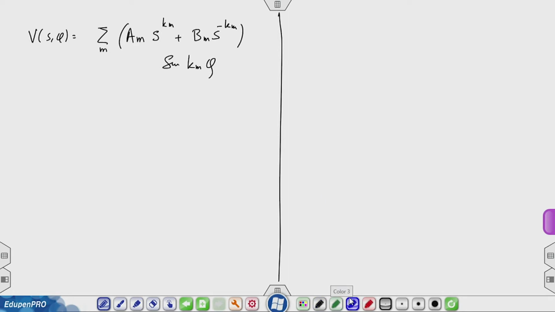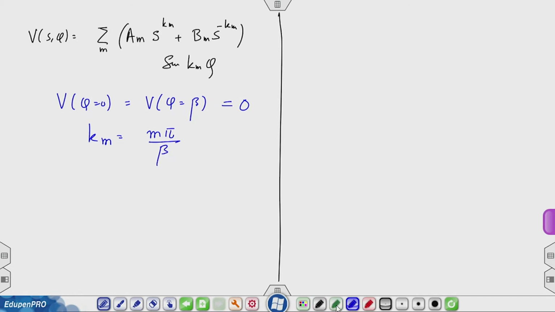You can calculate them explicitly and find those terms are 0. And since V at phi equals 0 is equal to V at phi equals beta, and this is all 0, so k m also automatically comes out to be m pi over beta.